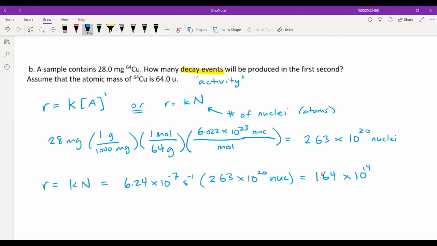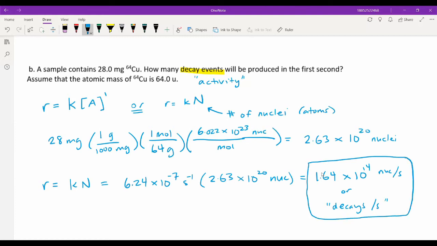You can write it as nuclei per second, or sometimes it's referred to as decays per second. Again, it's just how many nuclei are falling apart, basically. And that's the same thing as the activity.